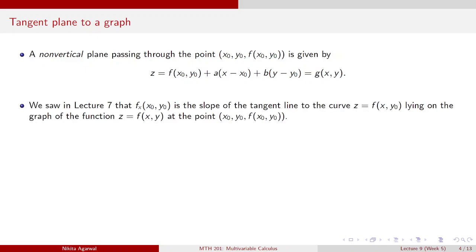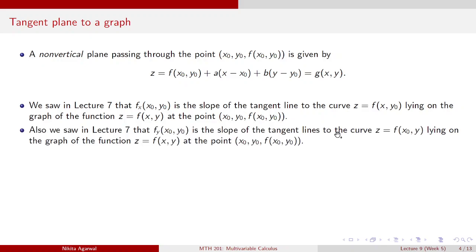Now these next 2 points we already discussed while discussing the second picture on the previous slide. We saw in lecture 7 that f_x(x0,y0), the partial derivative of f with respect to x at the point (x0,y0), is the slope of the tangent line to the curve z = f(x,y0). So the y coordinate is fixed, and it lies on the graph of this function at this point, right?